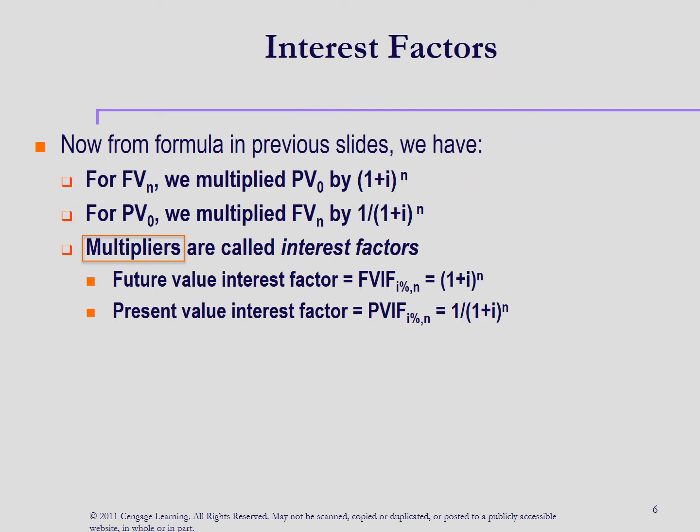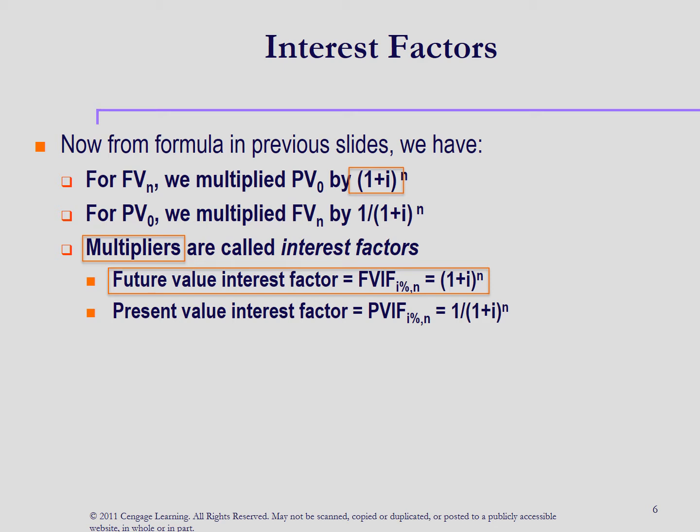Now, from the formula in previous slides, we multiplied the present value today by the multiplier 1 plus interest rate raised to power n to obtain the future value at the end of period n. So we call this multiplier the future value interest factor.